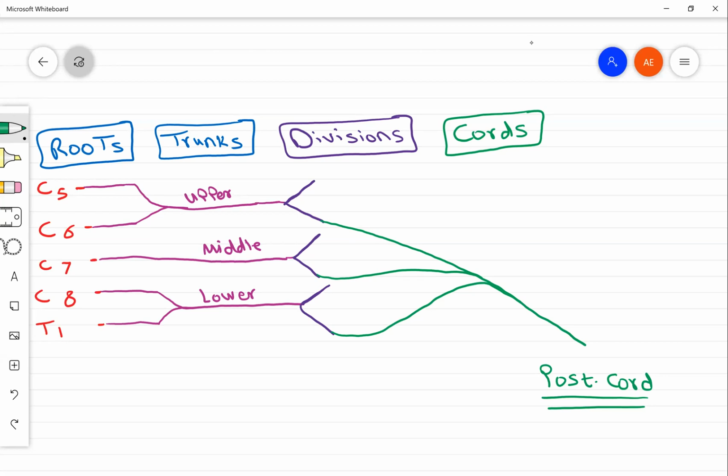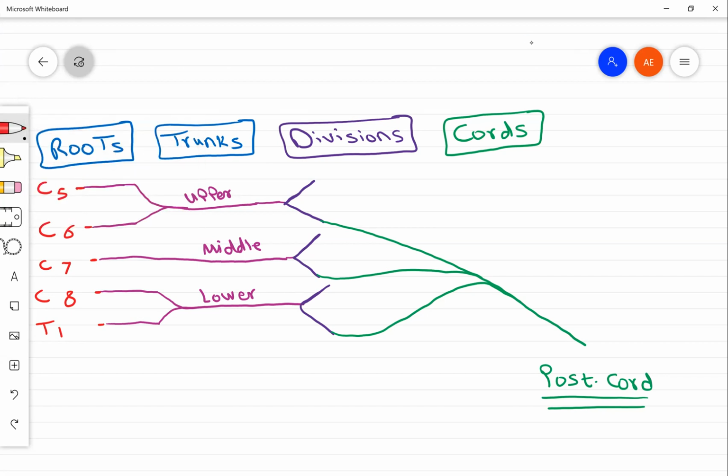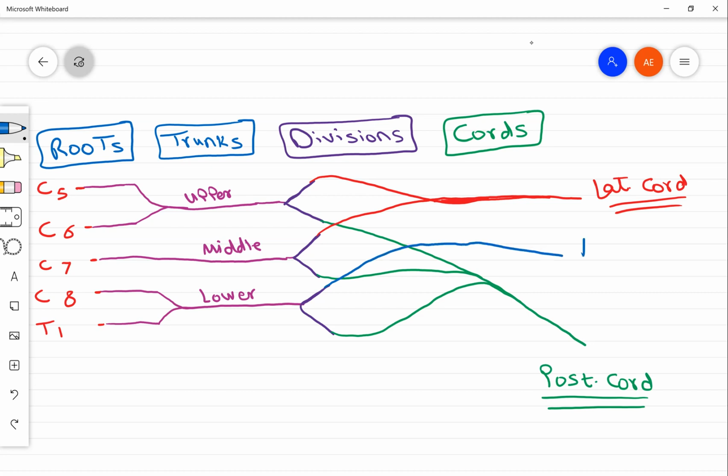The anterior divisions of the upper and the middle trunks will unite together to form the lateral chord. So now we have a single division, which is the anterior division of the lower trunk, which will form alone the medial chord.